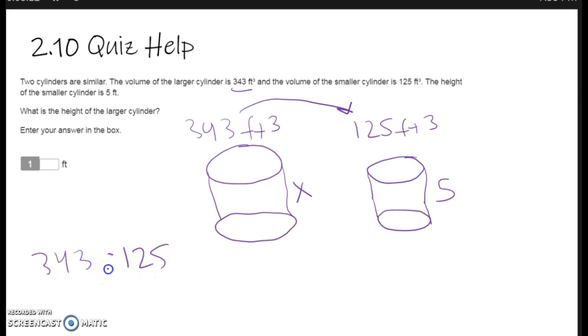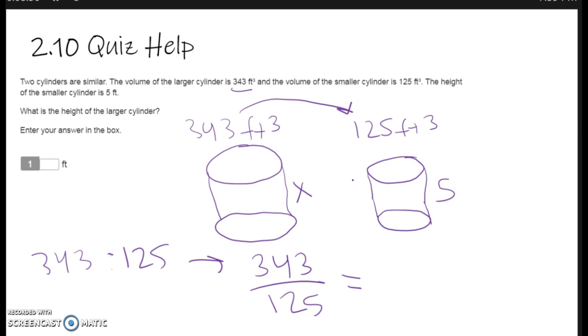which we can write as 343 over 125. If that's the ratio of the volumes, then we need to take the cube root of each of those in order to find the ratio of the lengths.